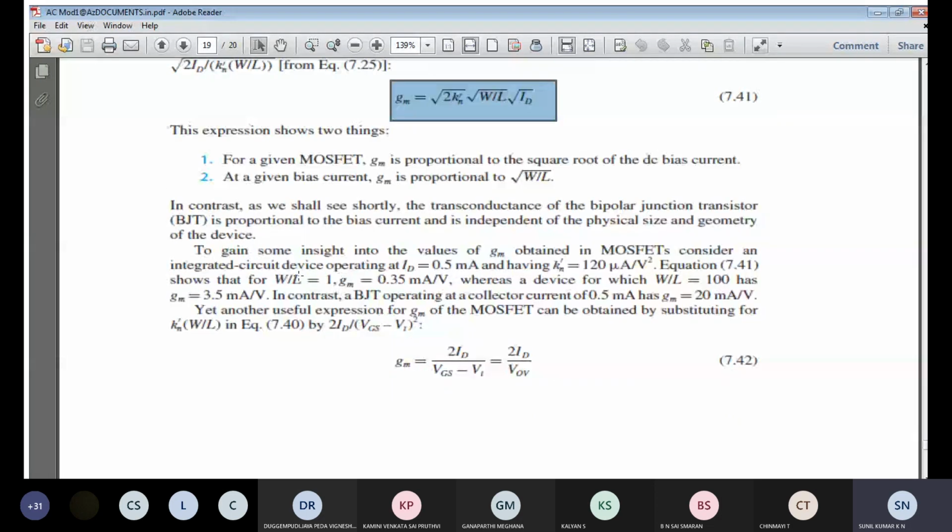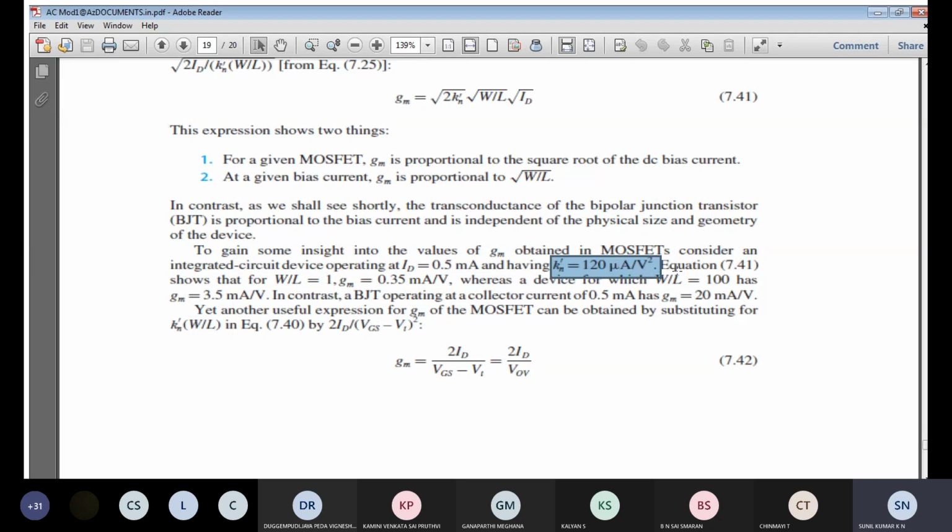To gain some insight into the value of transconductance in a MOSFET, consider an example problem we are going to solve. Consider an integrated circuit device operating at ID equal to 0.5 milliamps, with Kn dash, which is mu n COX, equal to 120 microamps per volt square.